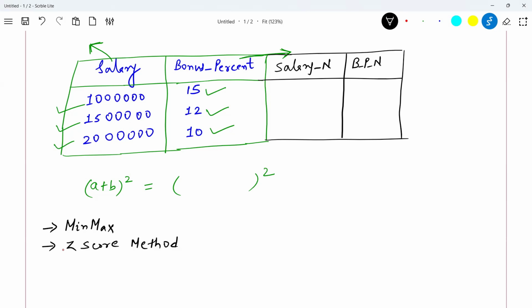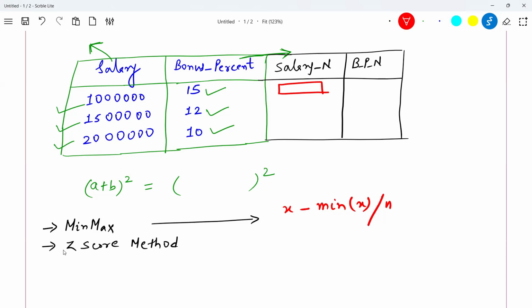What you get in min max scalar is the new value, and we need to compute this value. How you compute this new value is x minus minimum of x divided by max of x minus min of x. So this is the formula for min max scalar.